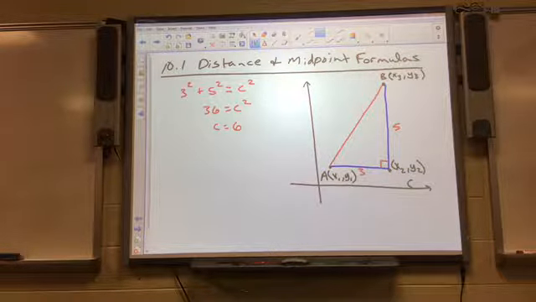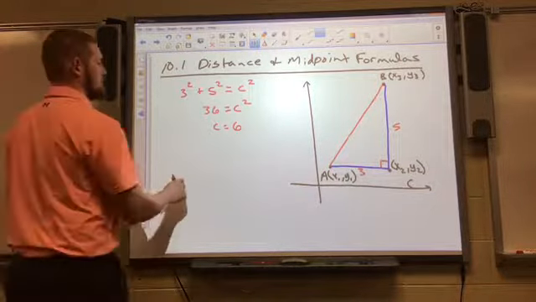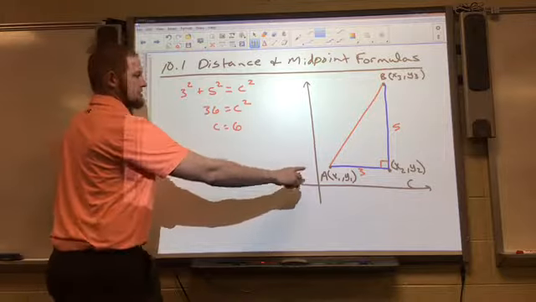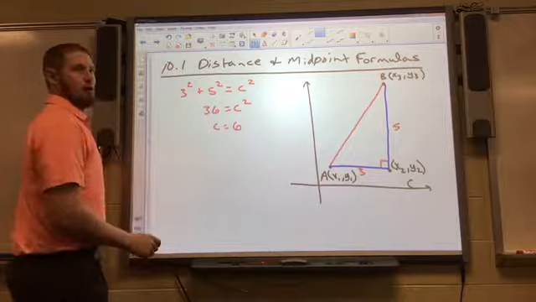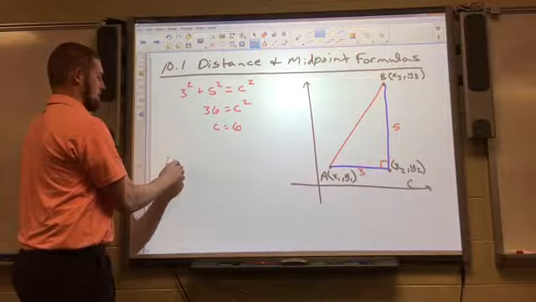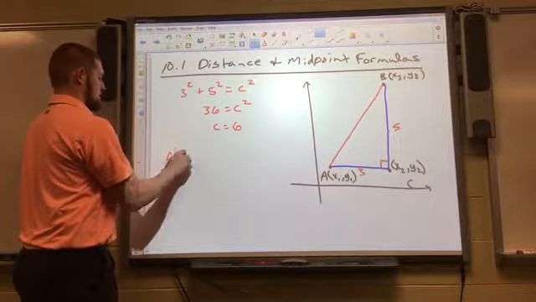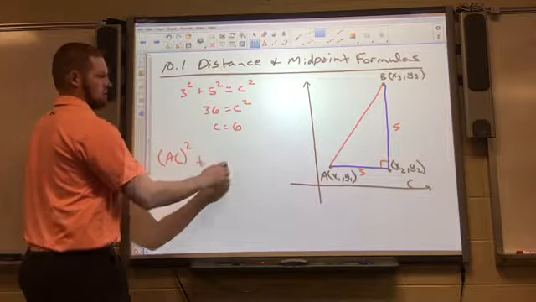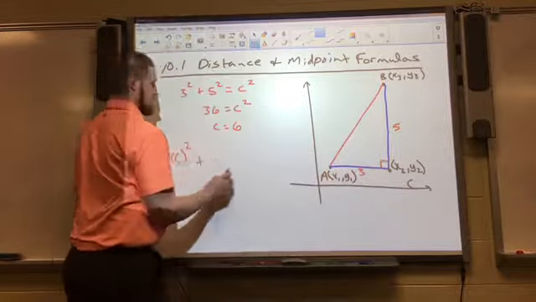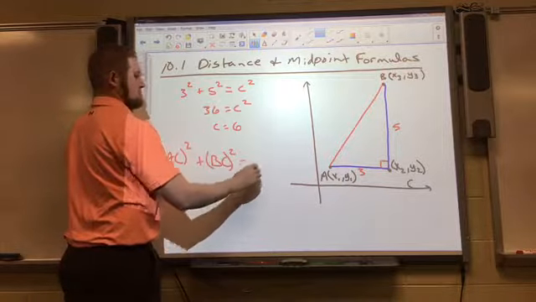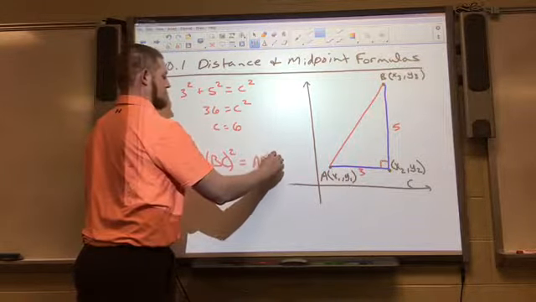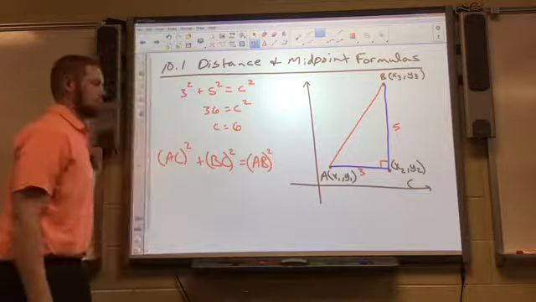Now, the other way to do this is to use our distance formula. But the thing about distance formula is, this would have been that side squared, right? Pythagorean theorem. So it'd be AC squared plus BC squared equals AB squared, right? Is everybody with me?